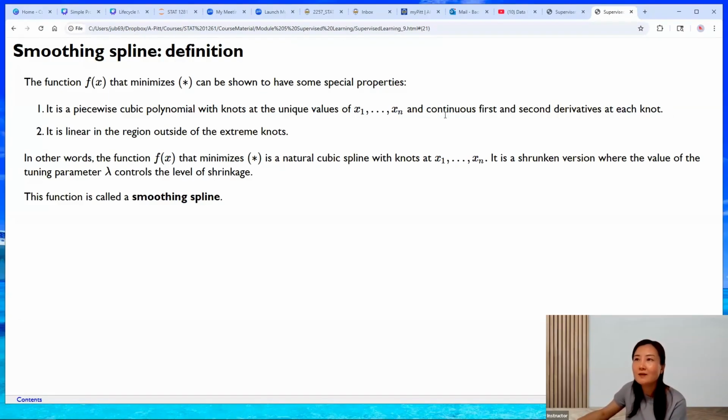Sounds familiar, right? It's actually a cubic spline with knots at unique values of x. And it's linear in the region outside of the extreme knots, which means it's a natural spline. So overall, we can summarize it in one sentence. It is a natural cubic spline with knots at distinct values of x. And this is the optimal model.